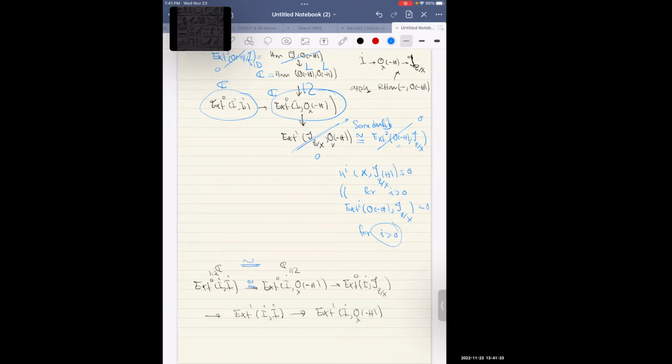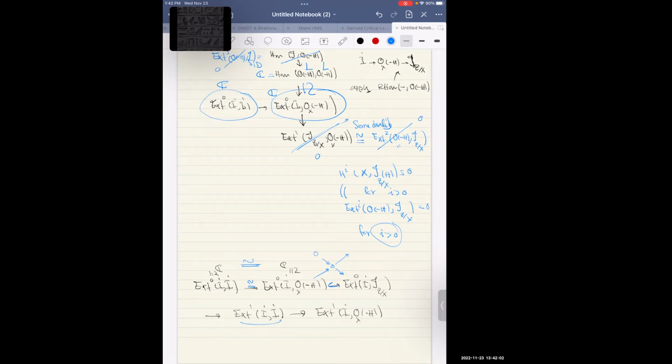Therefore, because the two are equal, this map is an injection because there is no co-kernel. So this is an injective map. So far as you can see, x0 I dot injects inside this other term.